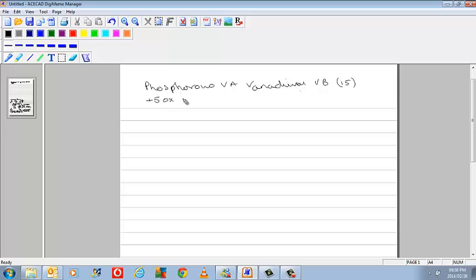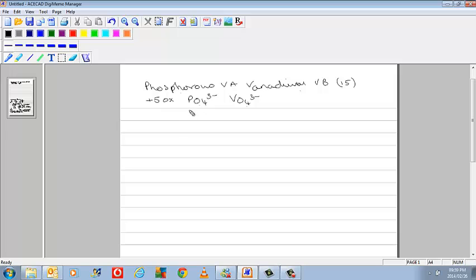The phosphate ion, PO4 3-, and the vanadate ion, VO4 3-, are isostructural, and they're both strong bases, and both of these elements form a large number of polymeric anions. That means more than one of everything.